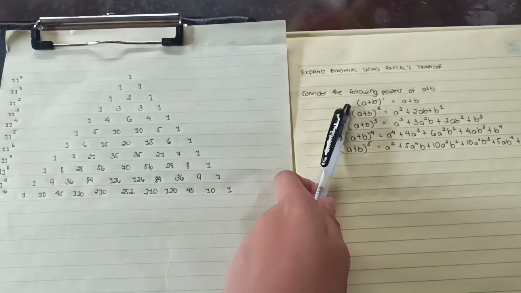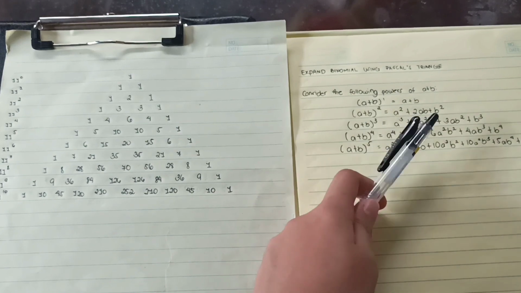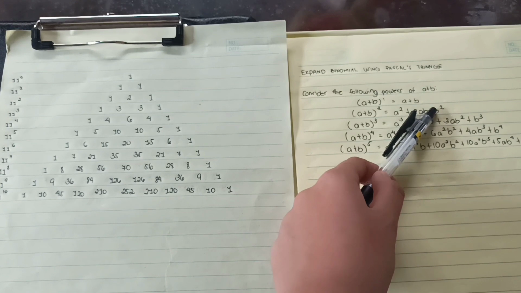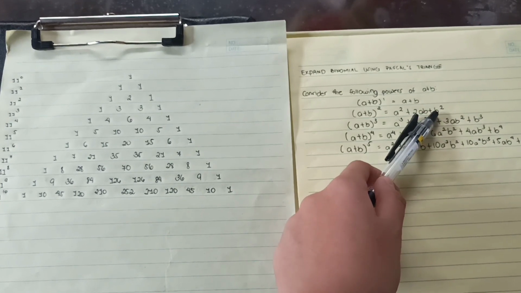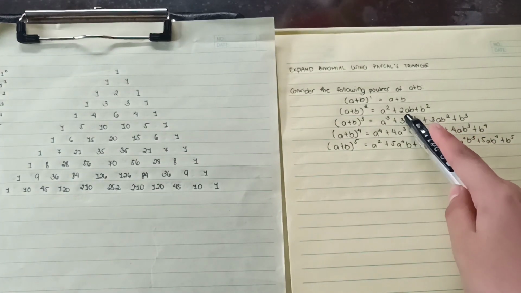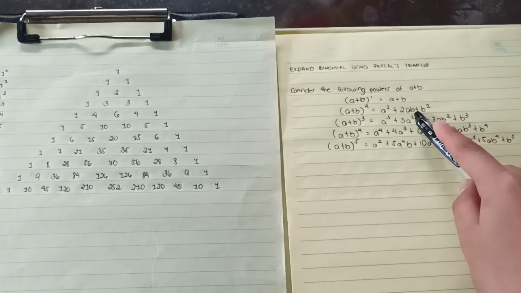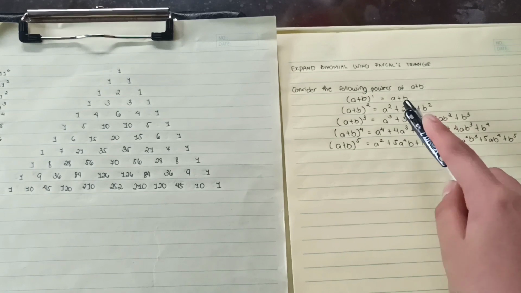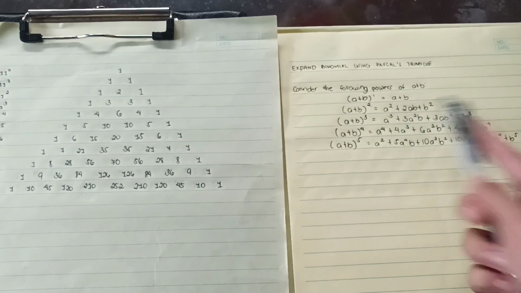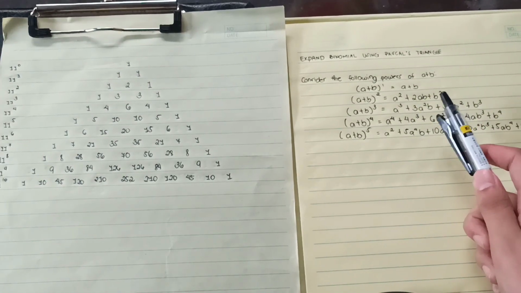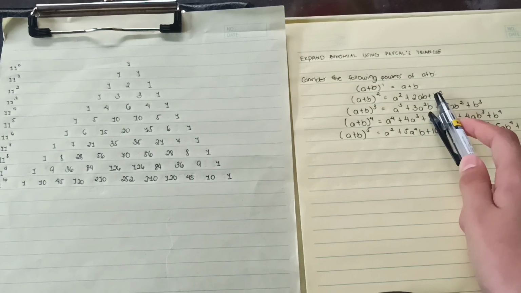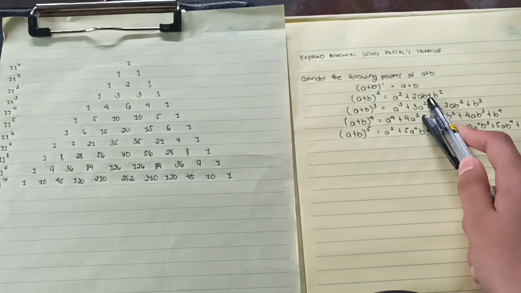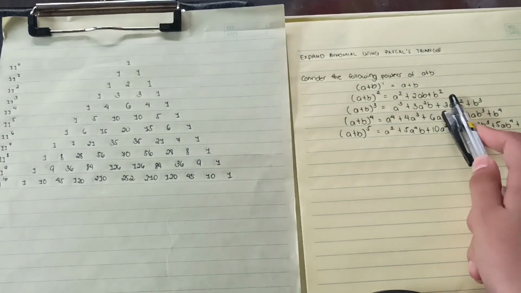Now, these two exponents must always add to 2, or this particular number. The next term will have the second coefficient, 2. Now, this exponent will decrease and this one will increase. So this is going to 1, and the same with this. Now, the third term will have the coefficient 1. This exponent will now be 0, and this exponent will be raised to 2.